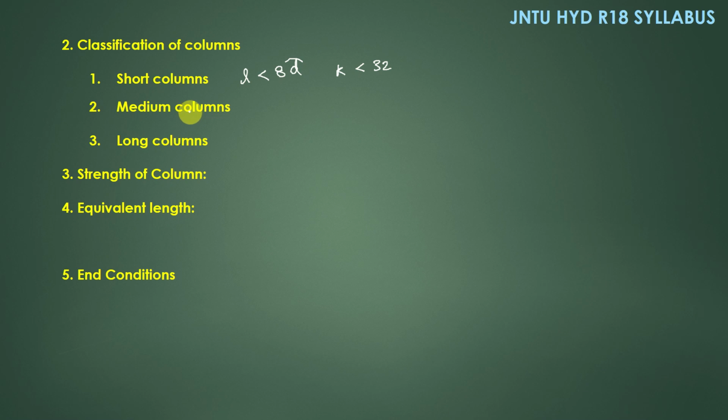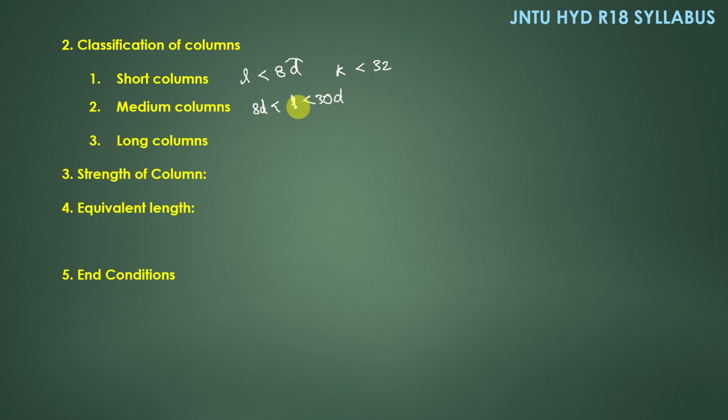In order to identify the medium columns, we have another provision: the length should be greater than 8 times the diameter and less than 30 times the diameter.